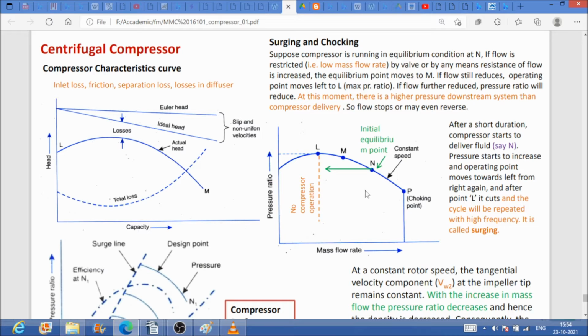Now, coming to the rightmost side, we will see what surging is. You can see L, M, N and P, where there is choking. This is the pressure ratio, this is the mass flow rate, and at this point the pressure ratio is maximum.